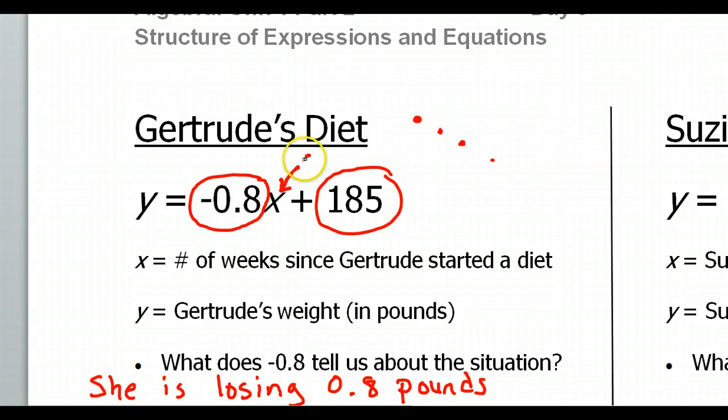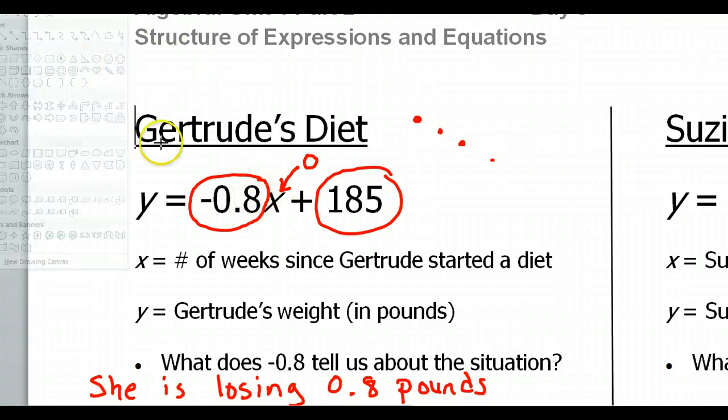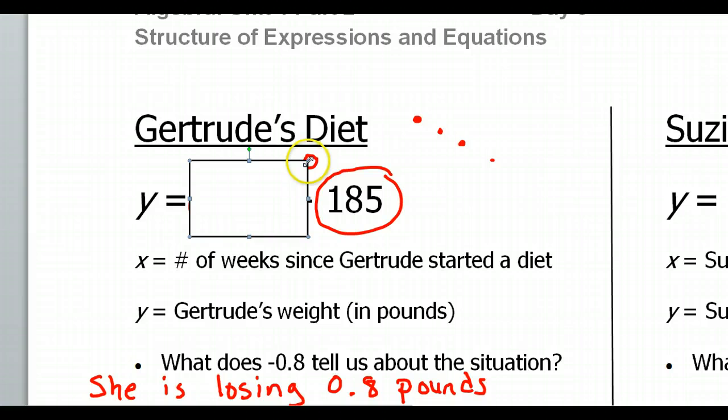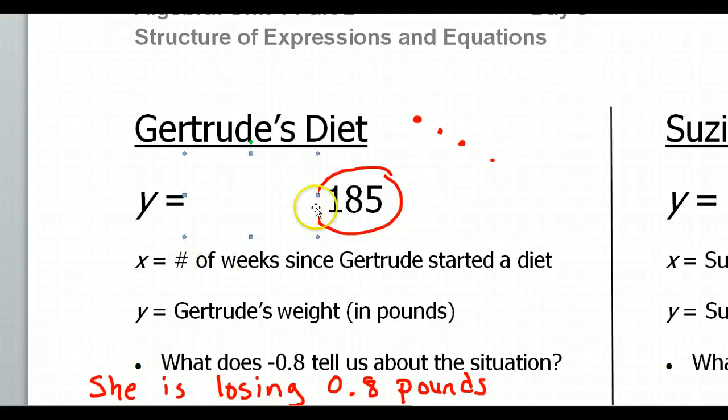At the very beginning, we are at week 0. And if we're at week 0, 0 times anything is just 0. So if we're at week 0, that 0 is really going to wipe out this entire term. Blam, it's gone. So that whole term is gone.